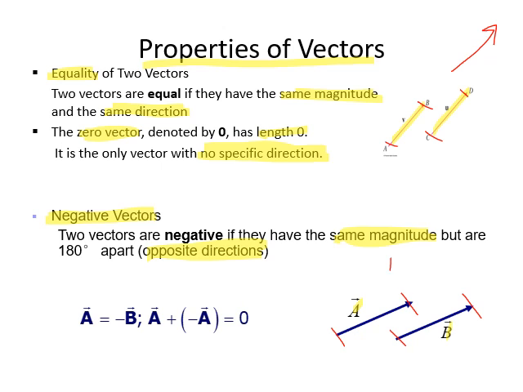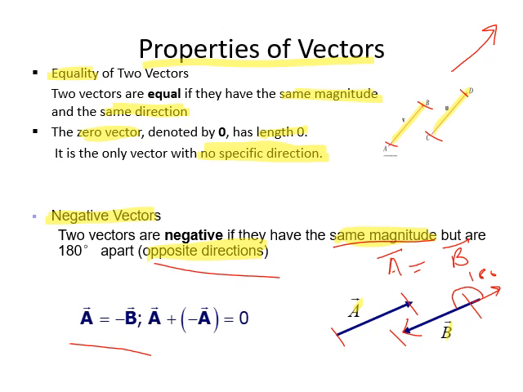So in this picture, vector A is equal to vector B. But if I reverse the direction of vector B by 180 degrees, initially this was the direction, and now, after reversing, this is the direction. So vector A will be equal to negative of vector B. Now these two vectors are negative vectors, which have the same magnitude and just the opposite direction.